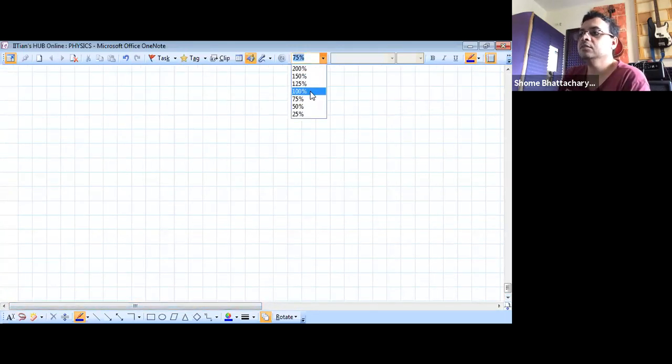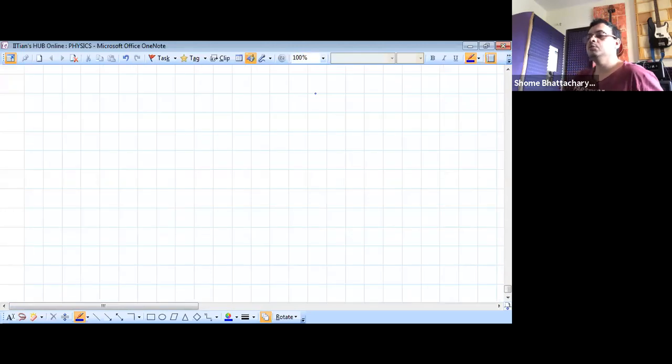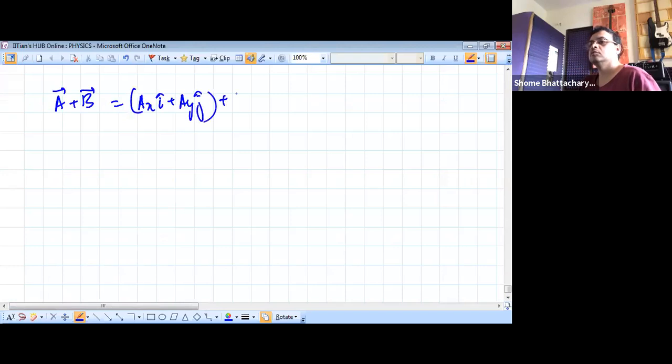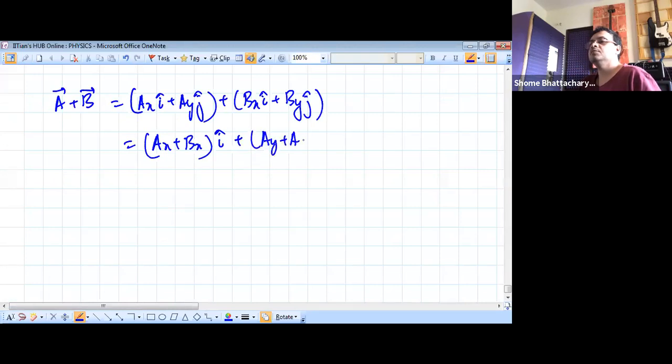Okay, now final thing before we move on to points from your assignment. If you are doing A plus B in component form, this simply becomes Ax plus Bx, and this simply becomes Ay plus By.